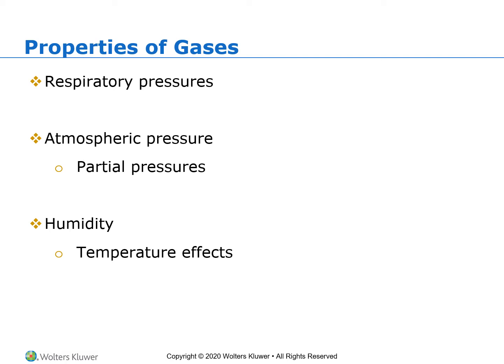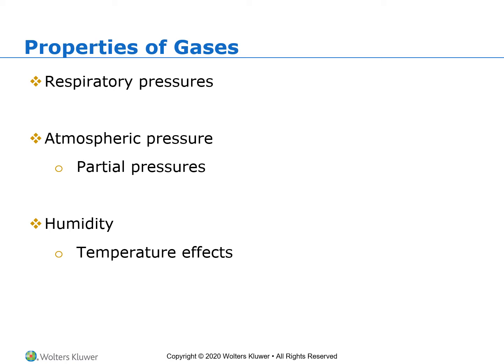And what they're talking about is the pressure exerted by a single gas in a mixture, and they call it partial pressure. So they'll say partial pressure of oxygen, partial pressure of CO2. The pressure exerted by a single gas in a mixture is called the partial pressure. For example, PO2 denotes the partial pressure of O2.